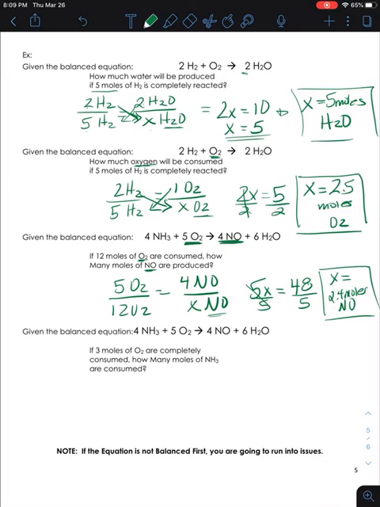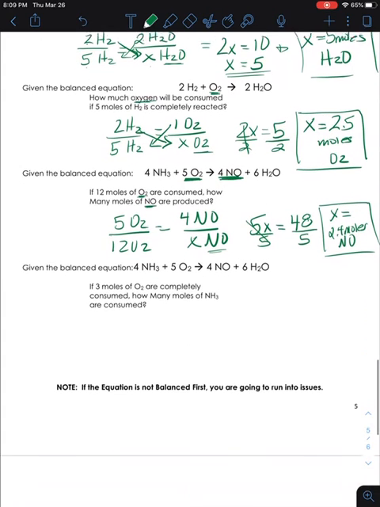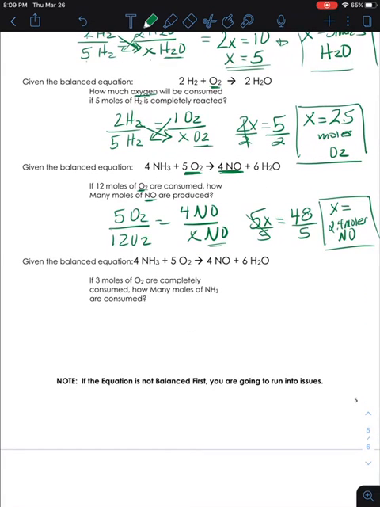And let's look at the last one. Same equation. It's a good idea, again, if you highlight as you go. So 3 moles of oxygen, so I'm looking at that, are completely consumed. How many moles of NH3 are consumed? So let's set it up. 5 moles of oxygen, 4 moles of NH3. In this example, 3 moles of oxygen. How many moles of NH3?